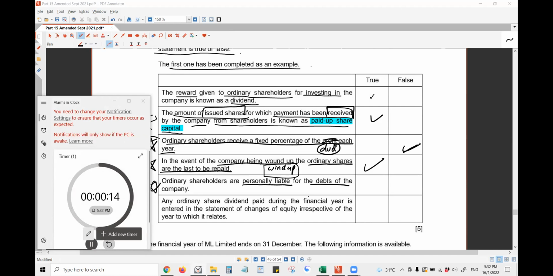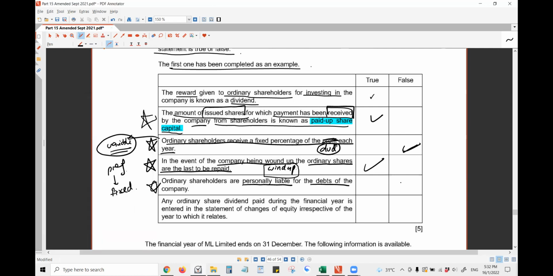I wait for 2 more answers. Good, everybody has given the same answer, which is correct. Your answers are correct that it is false.